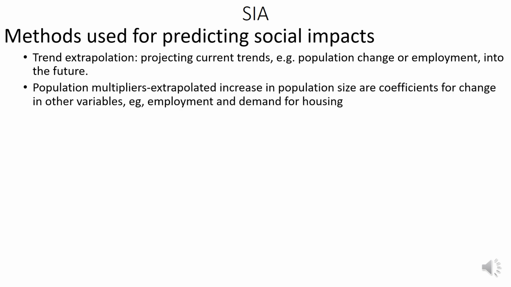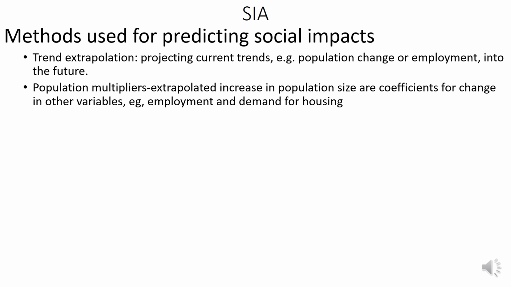Then we also have what we call population multipliers here. You are looking at extrapolated increase in population size, sometimes relating them with coefficients for change in other variables. Maybe employment and demand for housing. So once a project is done in an area, that project is going to create new employment.